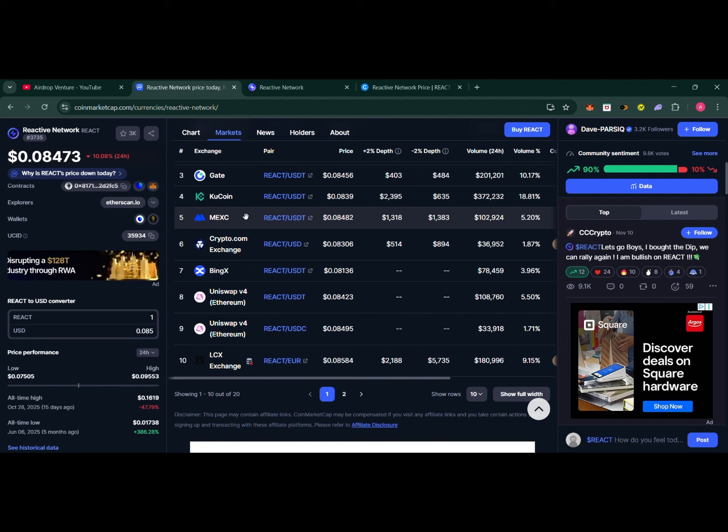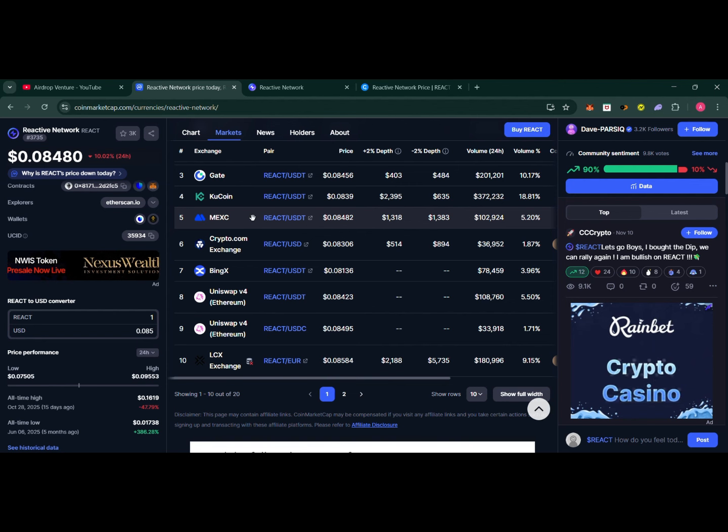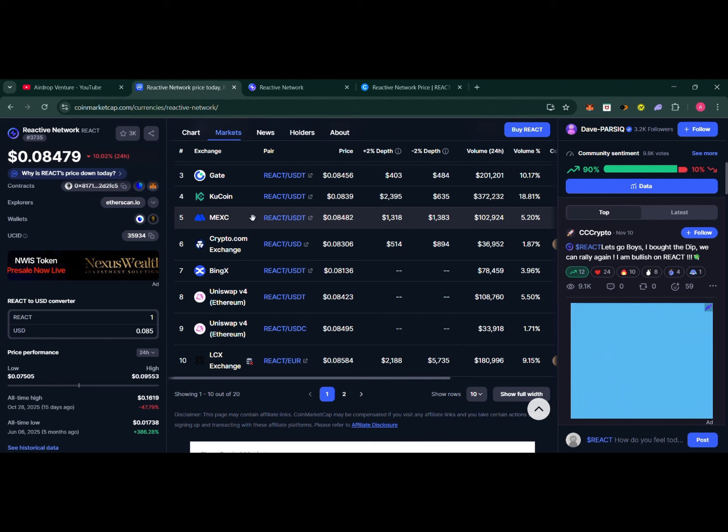Just imagine you're trying to get information about a token and you see that the token is only listed on a couple of exchanges. It becomes difficult. Let's say there is maintenance work ongoing, or they're trying to fix a bug, or there is a conflict. In those circumstances, the exchange might be down.